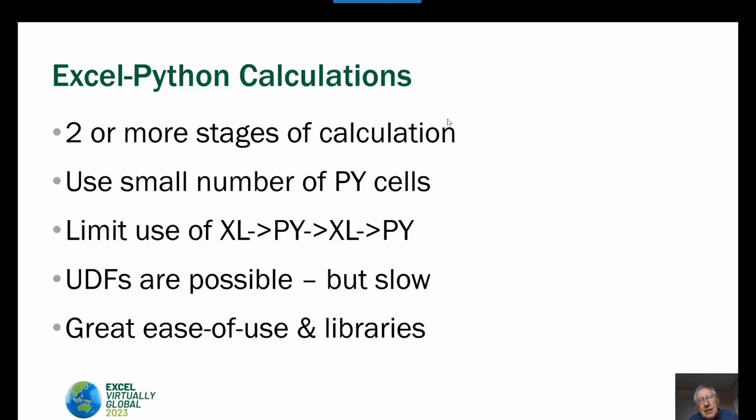And really, I think it's become obvious that if you want to use large numbers of PY cells, performance is not going to be great because of the sort of volatility overall of Python cells. And going from Excel to Python to Excel to Python and so on is not a terribly good idea. It works okay, but I wouldn't want to build a whole lot of calculation chains like that.